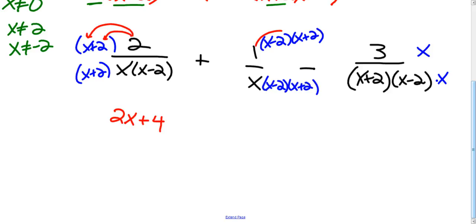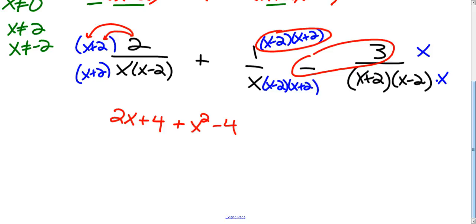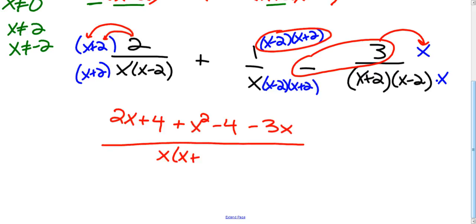Then I have 1 times this quantity right here, and I am going to FOIL that quantity out. When I FOIL that quantity out, I have x squared minus 4. Then be careful, because you really have negative 3 times x, which is negative 3x. My common denominator is x times x plus 2 times x minus 2.